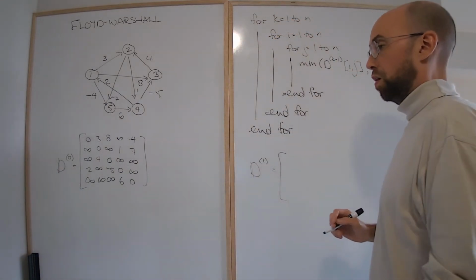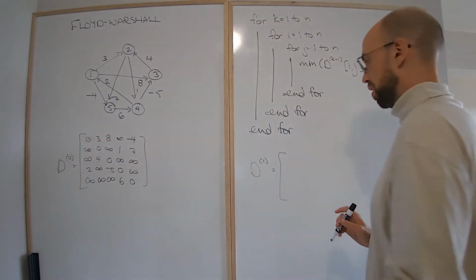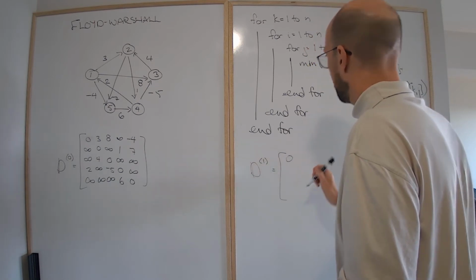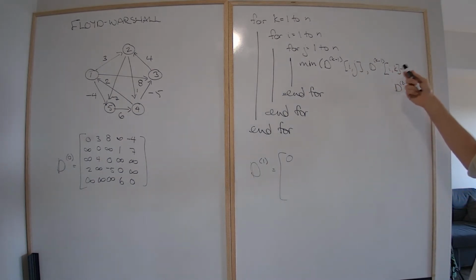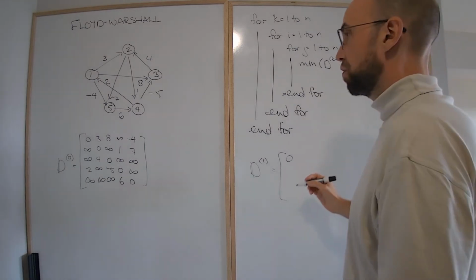Okay, so 1,1 is going to be a bit silly because it's still going to be 0. What is the minimum cost of going from 1 to 1? It's 0. And the cost of going from 1 to 1 plus the cost of going from 1 to 1 is also 0.